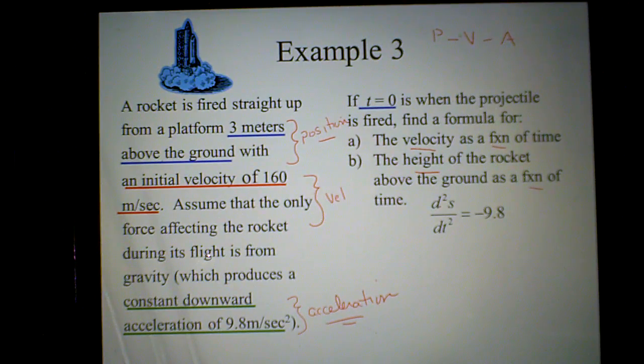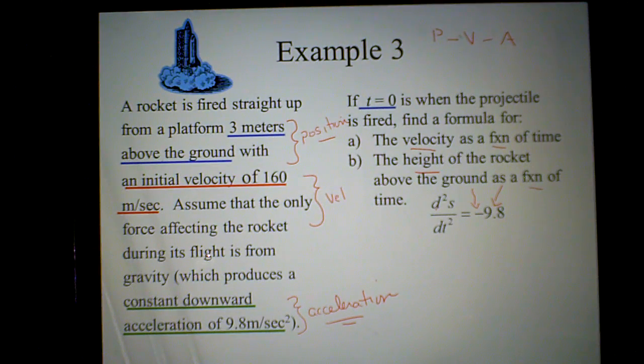So, the second derivative of position. Position typically for some unknown reason is referred to with the letter S. Second derivative of position is acceleration. Acceleration is constantly negative 9.8. Downward 9.8. Right? Negative, down, 9.8, given.